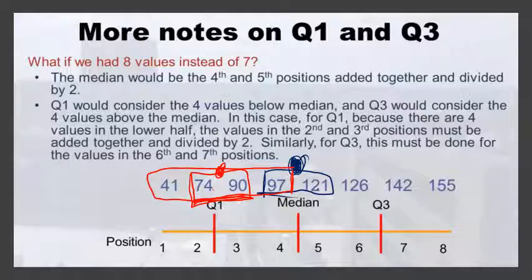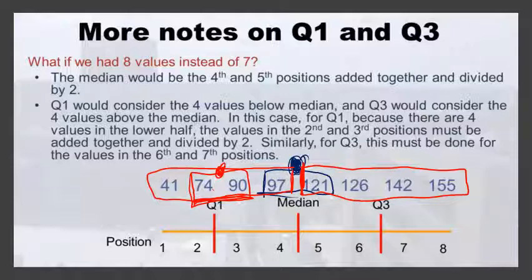This is just hypothetical. Anyway, now let's look at the other data and try to find our Q3. What part of the data do we have to use for our Q3? We're using all of this. We have to reuse the 121, and the rest of the data, or the second half of the data. Now let's figure out what Q3 is.